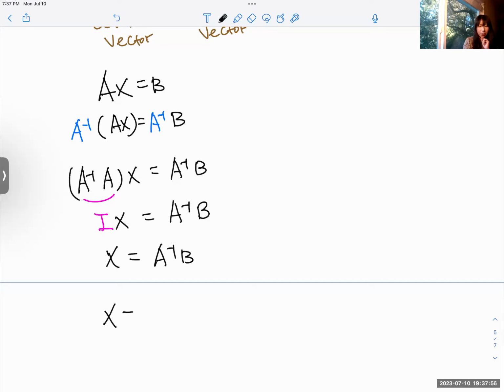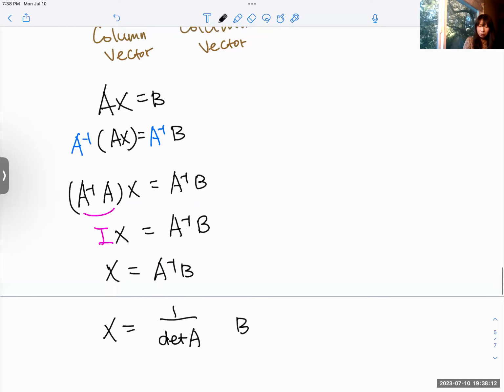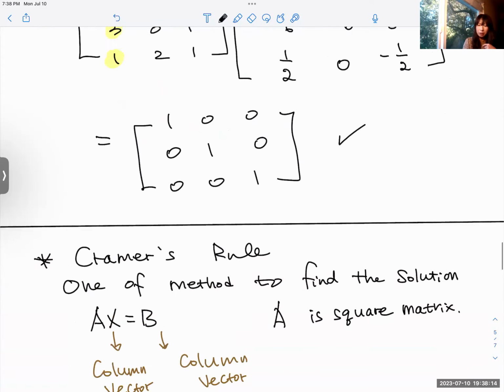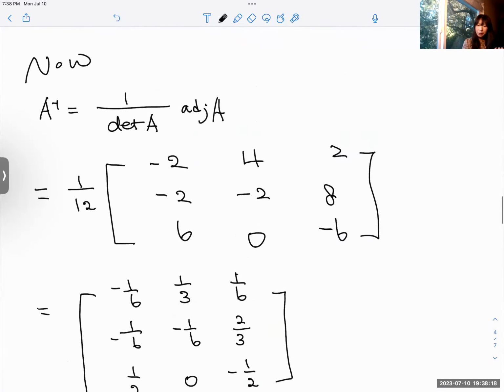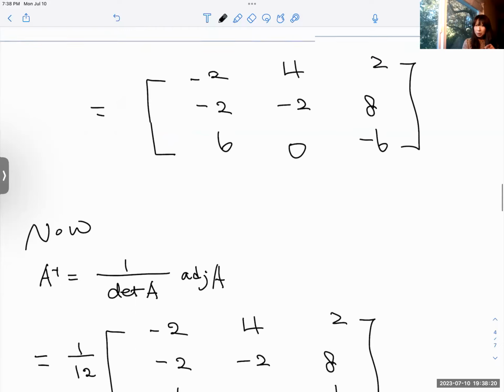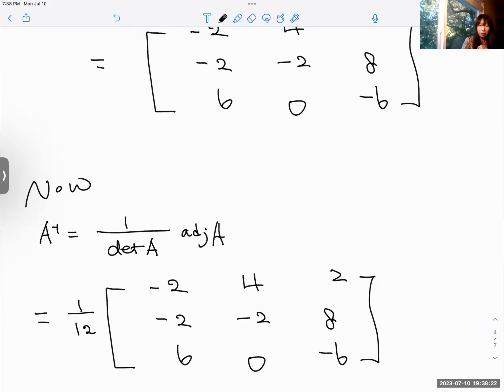So we had X equal to inverse of A. We can express this way: 1 over determinant of A, and B. But then look, A inverse, earlier we had a formula: A inverse is 1 over determinant of A times the adjugate of A, right?